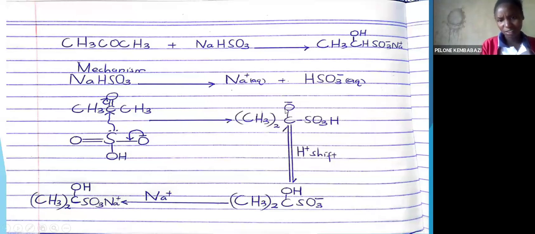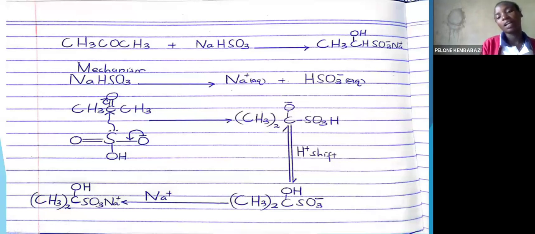And then it creates a negative charge on oxygen. As you can see from here, oxygen now acquires a negative charge, and this hydrogen sulfide also attaches itself on carbon.